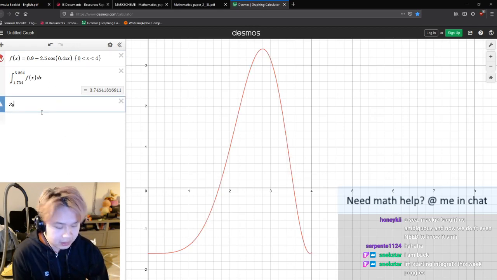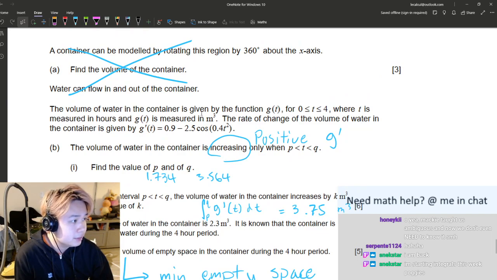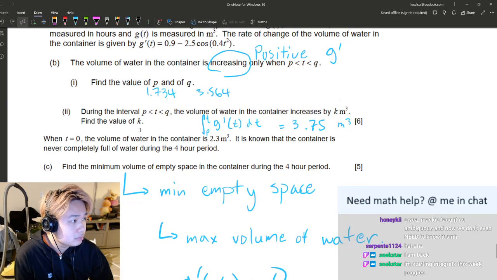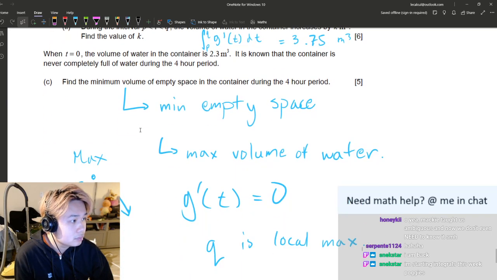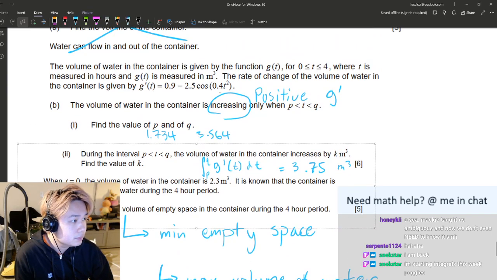Okay, so first let's write g of x. Oh, they never give me the function g. Oh, when time is 0, this is the volume of the container. Okay. Excellent.